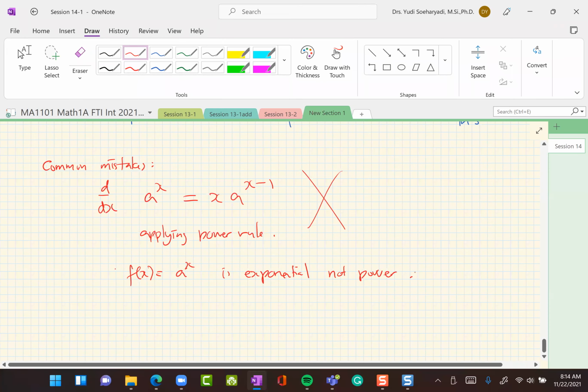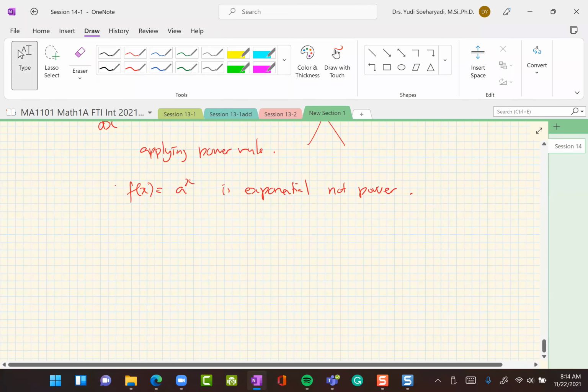Okay, so let's try to distinguish a to the x and x to the a. So x to the a, this is what we call a power.